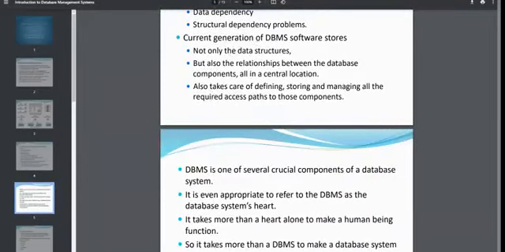This is the way DBMS software behaves these days, not only storing data structures but also relationships between database components. We learned that there should be relationships between objects of the database. We will discuss these things in a more advanced way in upcoming lessons.